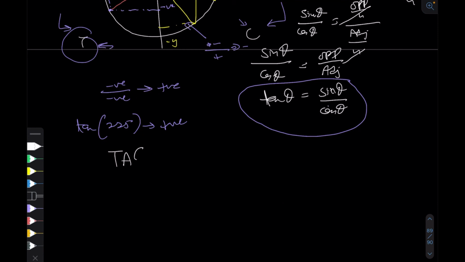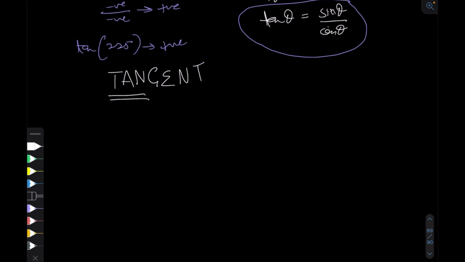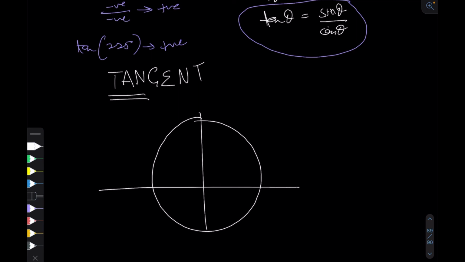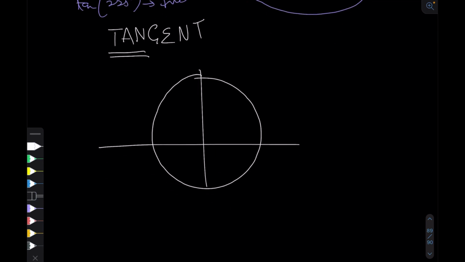You probably have heard the word tangent, right? That gives you a hint what tan is actually about. So let me draw a unit circle. So tan is actually the tangent at a point, right?